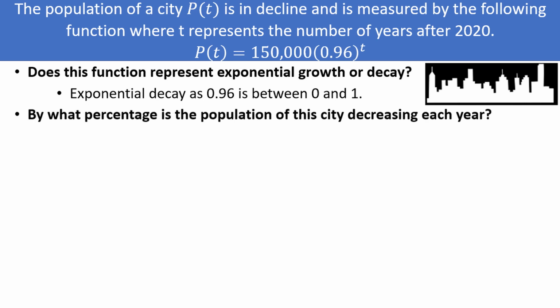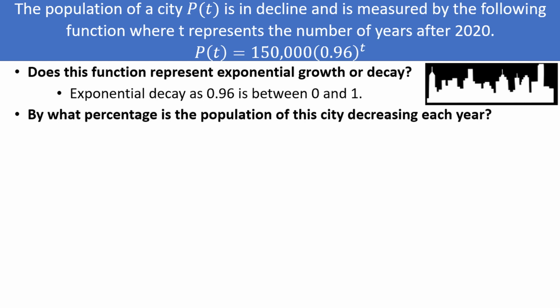By what percentage is the population of this city decreasing each year? This is a bit tricky. The 0.96 tells us that each year, the population is 96% of what it was in the previous year. Well, if each year the population is 96% of the previous year, that means there must have been a 4% decrease. 100% of the previous year would represent no change, so 96% must represent a 4% decrease.